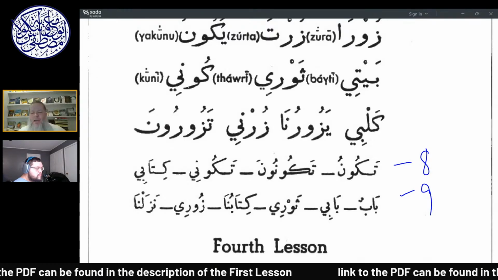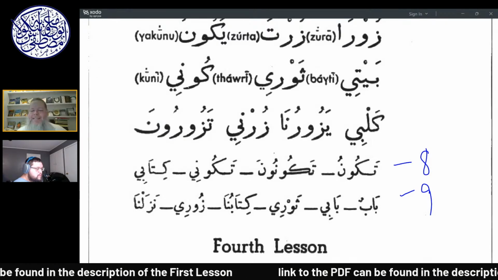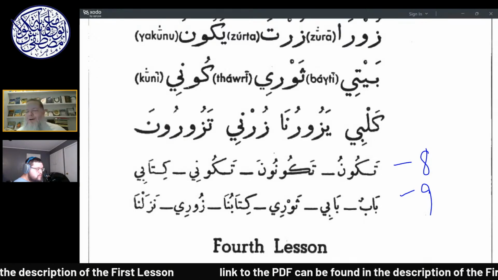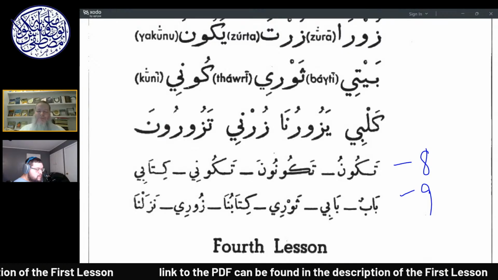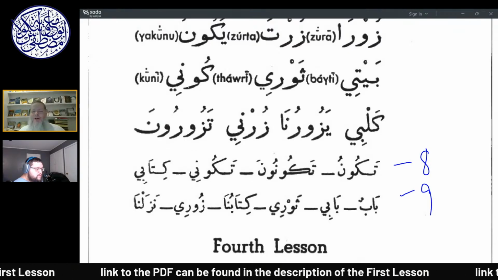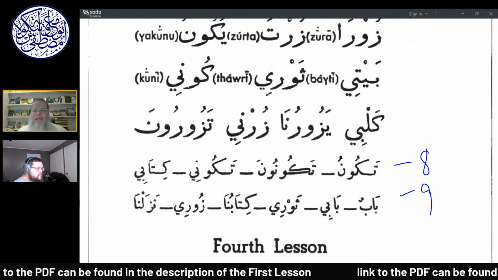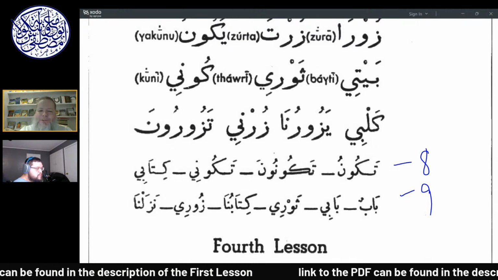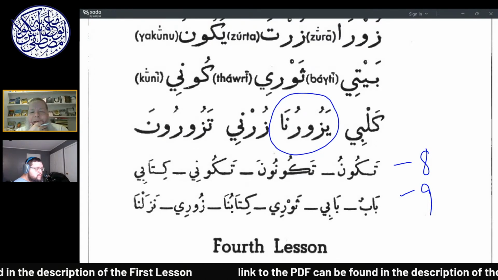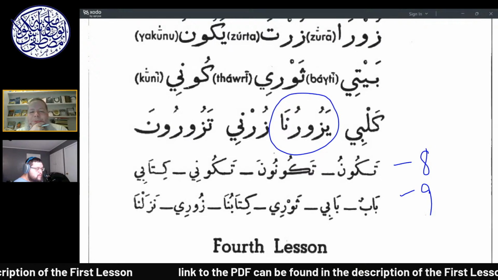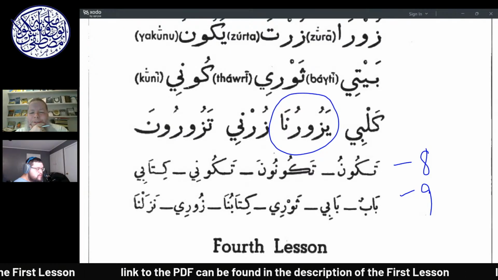But when it comes to reading out loud, I still sometimes put a long vowel where it doesn't belong and a short vowel where a long vowel belongs, because I used to do like what you just do. When I was trying to figure out this word, I said yazuruna.